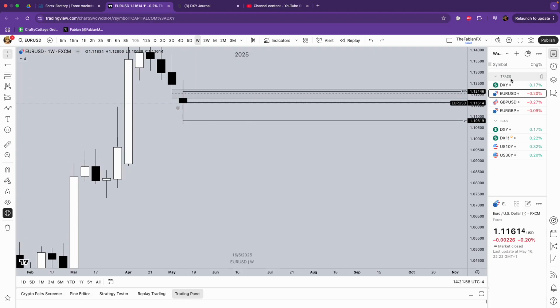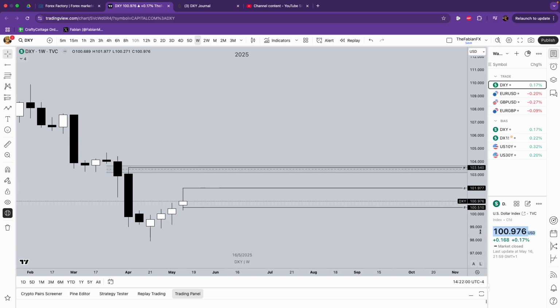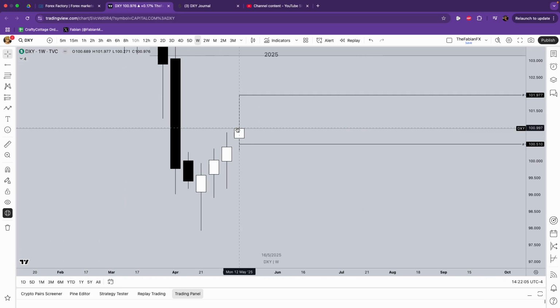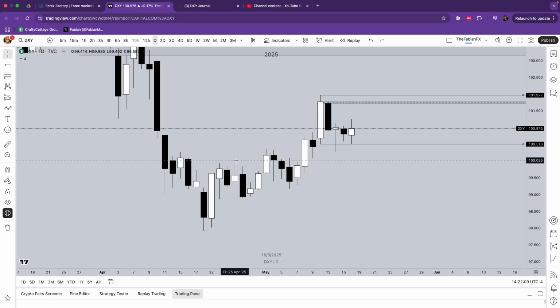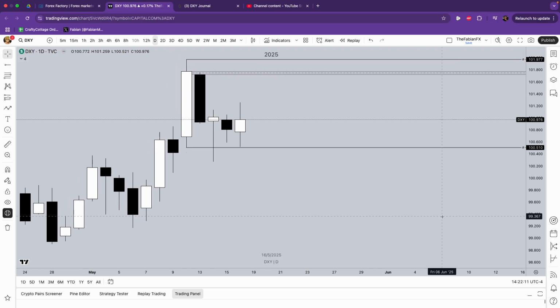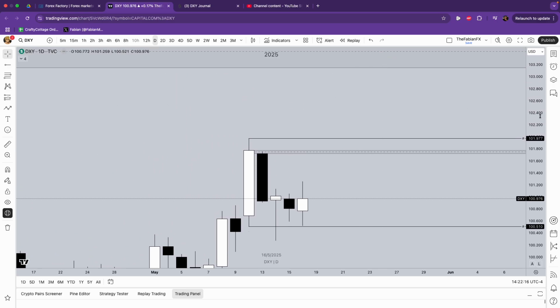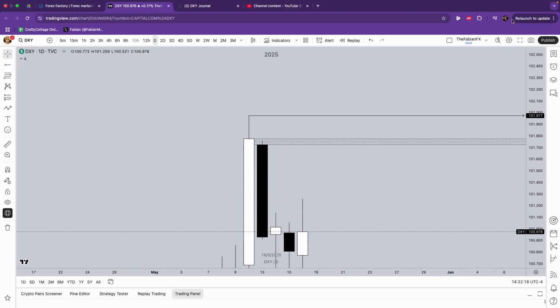It's clear for me that the next target will be the previous weekly high, which is this. So what I'm expecting is once we've taken a significant low, I expect the low of the week to be created and for PMI to expand hopefully higher towards this drawn liquidity.